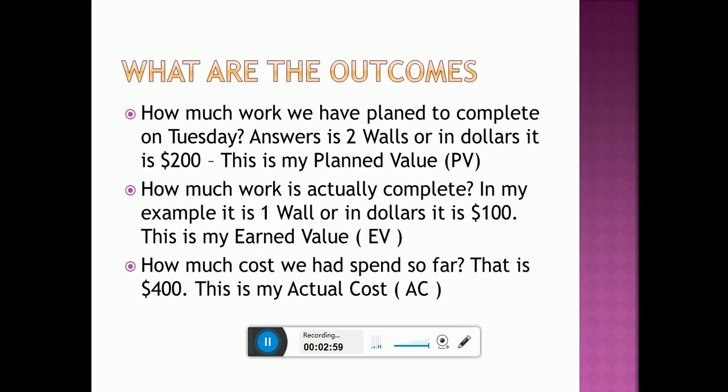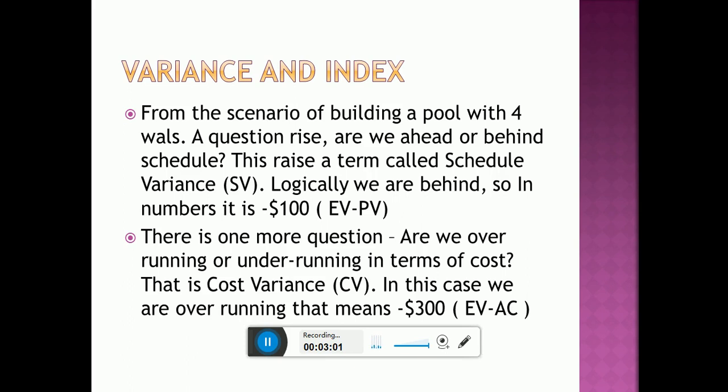The next 2 things are the variances and the indexes. To understand whether we are ahead of or behind the schedule, or under budget or over budget, we have to come up with the schedule variance, that is the SV.